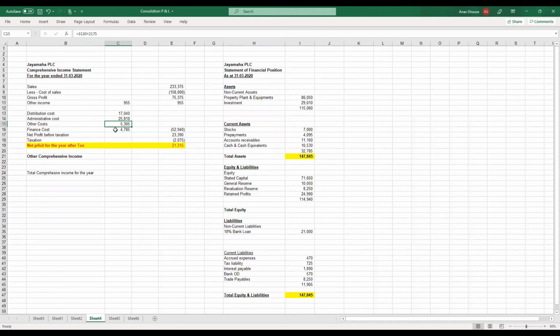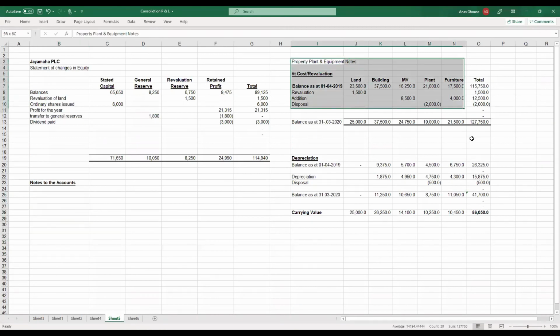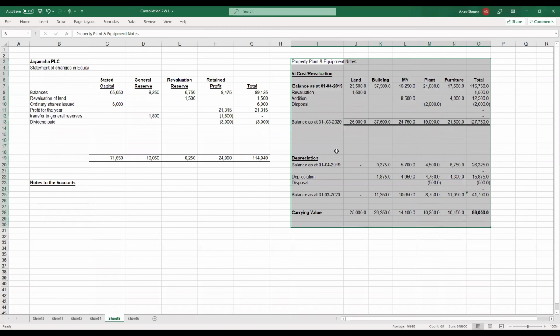And also you can show the finance cost. Then you can show the breakdown of the taxation, and also I have given the property, plant and equipment notes. That is also part of the notes to the financials.